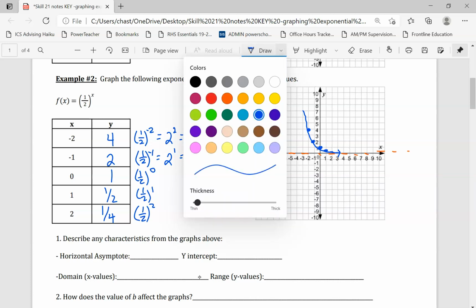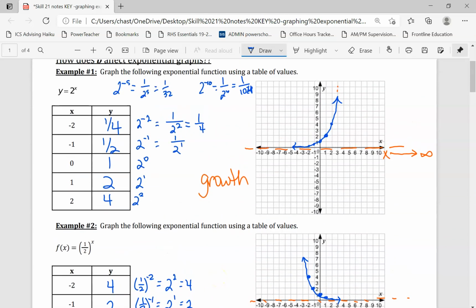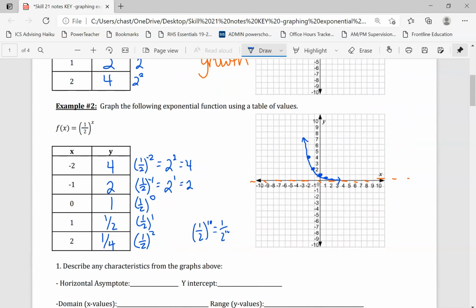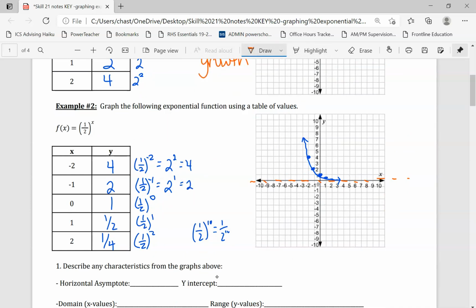But the difference between this graph and what we had in the last one is, if you look at the last one, we started off really small and we grew as x went to the right. If we look at this situation, when x goes to negative infinity, the graph is growing, but as x goes to positive infinity, we see that the graph gets shorter and shorter and shorter.